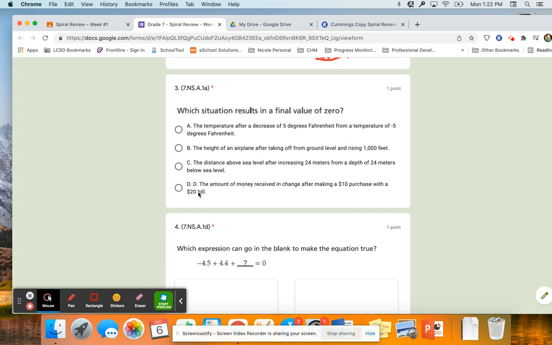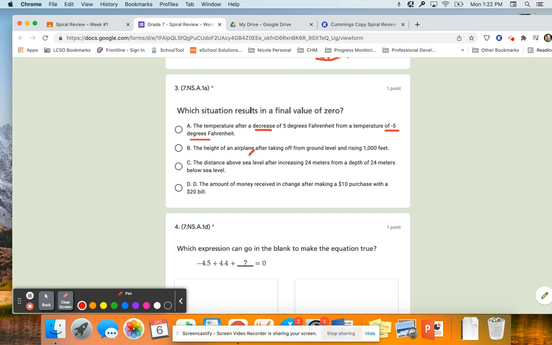Question number 3, which situation results in a final value of 0? A, the temperature after a decrease of 5 degrees from a temperature of -5 degrees Fahrenheit. It says from, so just remember you would start with -5 degrees, and then you're decreasing or going down another 5 degrees. Would that give you 0?